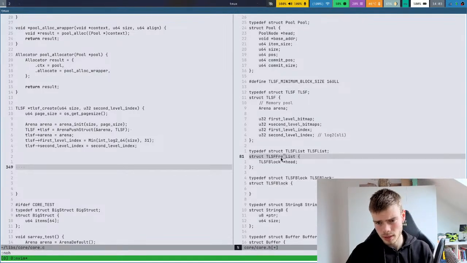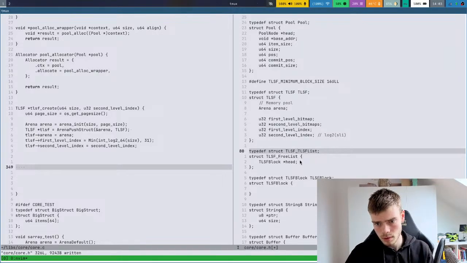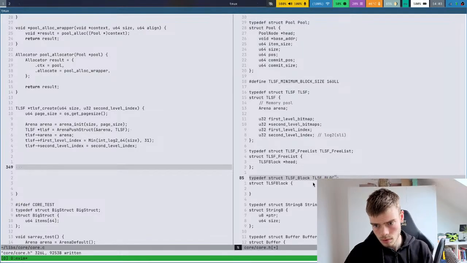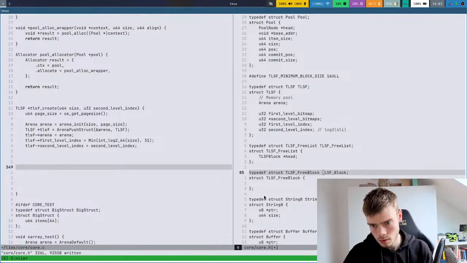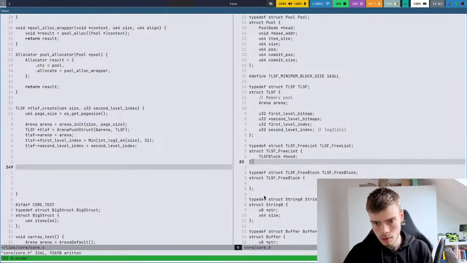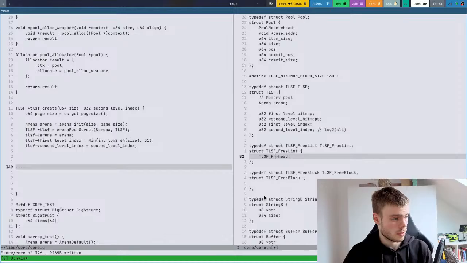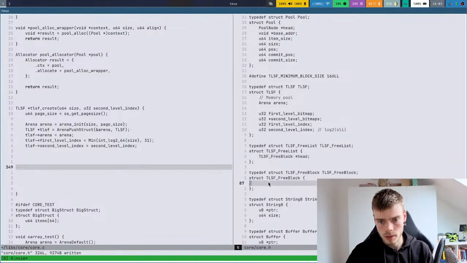Let's call it free list. Or maybe a free block, TLSF free block head.